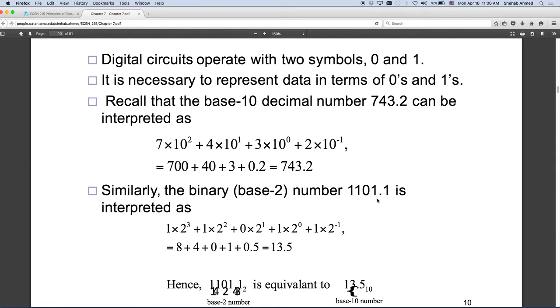And to the right, I have 1 times 2 to the minus 1, right? So it's similar to what I did in the base 10 system, multiplying a number here by the corresponding base 10 place unit. So this 1101.1, for example, would represent 13.5.